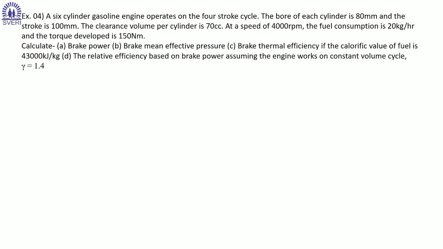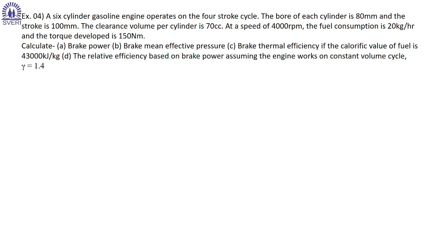It says a 6-cylinder gasoline engine operates on the four-stroke cycle. The bore of each cylinder is 80 mm and the stroke is 100 mm. The clearance volume per cylinder is 70 cc. At a speed of 4000 rpm, the fuel consumption is 20 kilogram per hour and the torque developed is 150 Newton meter.